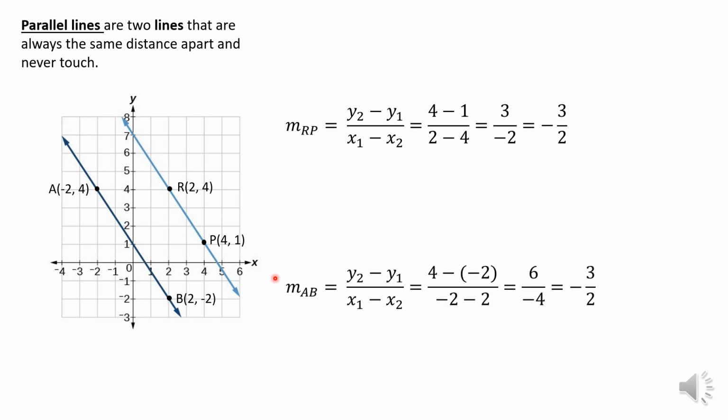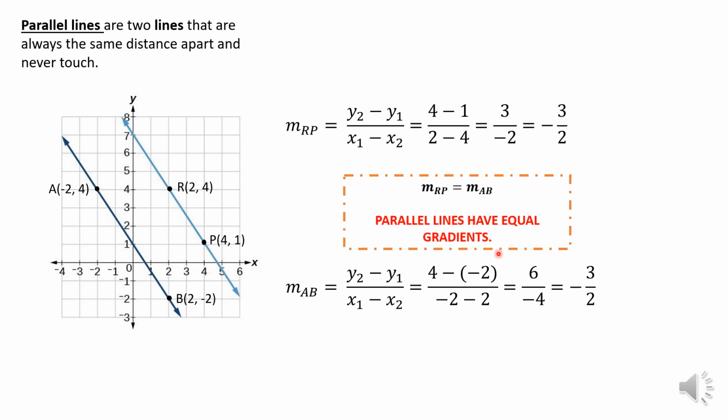I take, for example, 4 minus negative 2. You must be very careful here. And then negative 2 minus 2. So I get that the gradient of line AB and the gradient of line RP are equal. So parallel lines have equal gradients.